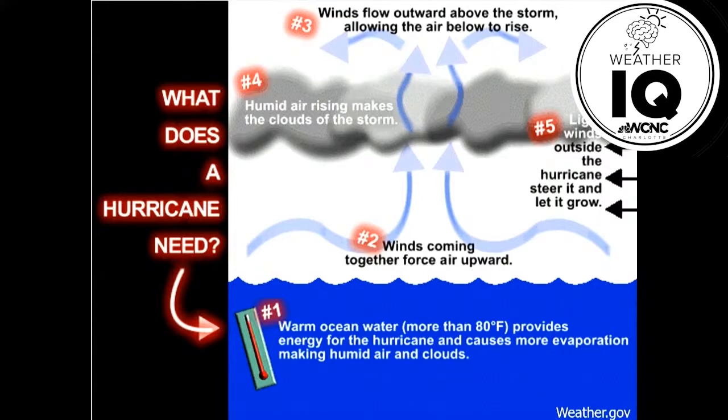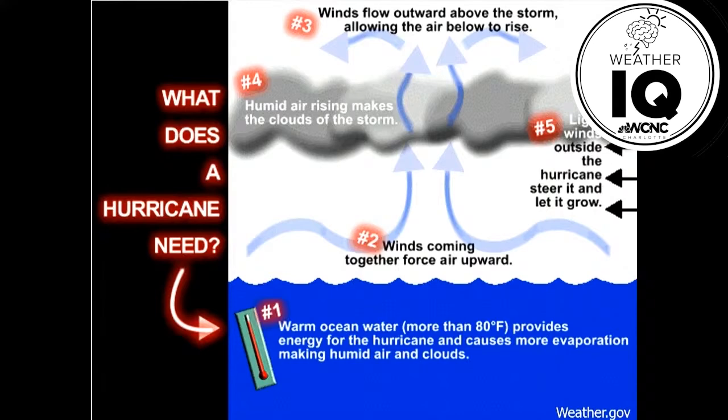Hurricanes do not like what's called wind shear. Okay, so wind shear, you may have heard us on TV, go on air and say, the wind shear in this area is really bad, or it's tearing this storm apart, because hurricanes need light winds surrounding them in order to sustain themselves, in order to grow.